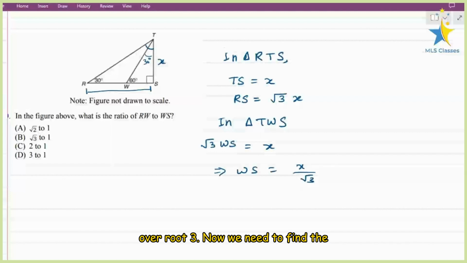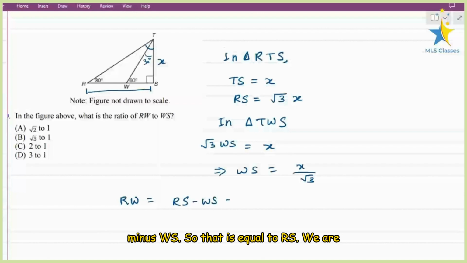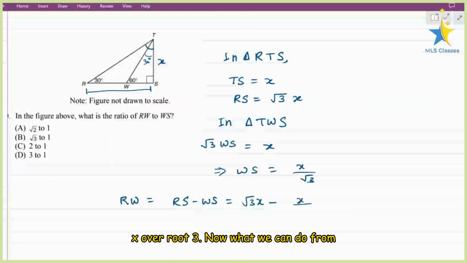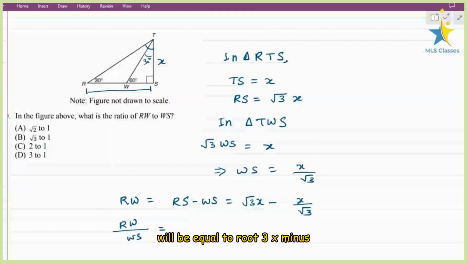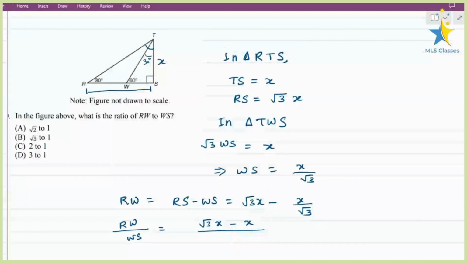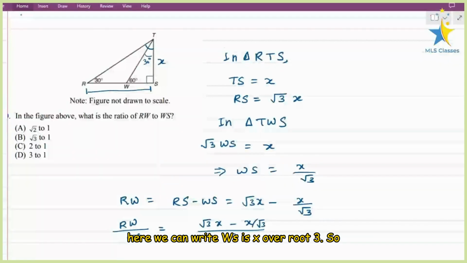Now we need to find the ratio of RW to WS. We have RS is equal to root 3x. So RW will be RS minus WS, which is root 3x minus x over root 3. Now we can write RW over WS as root 3x minus x over root 3, divided by WS, and WS is x over root 3.